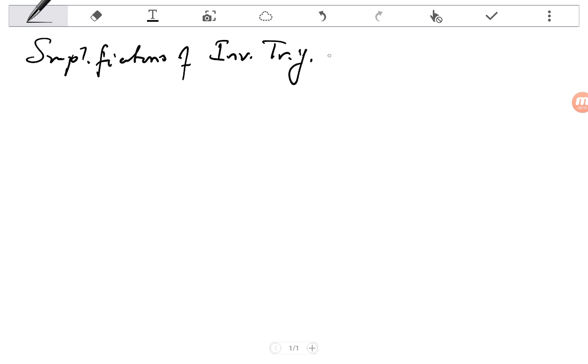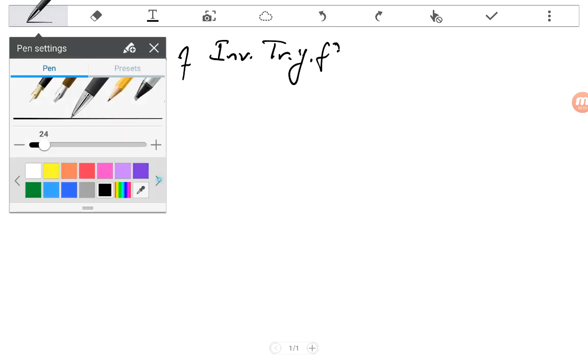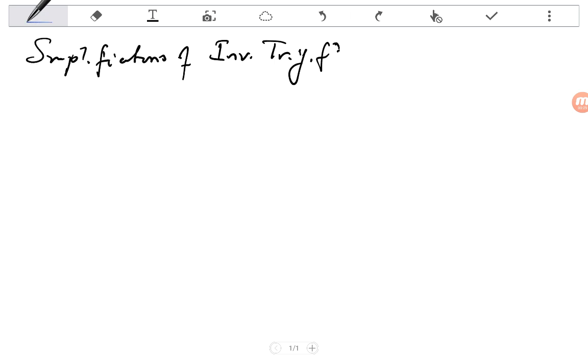In the last lecture, we covered simplifications of inverse trigonometric functions. For example, let's check sine squared of sine inverse 2x.